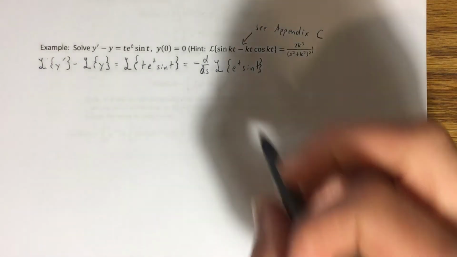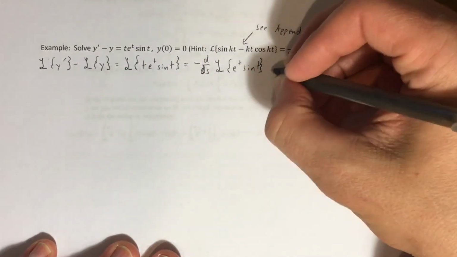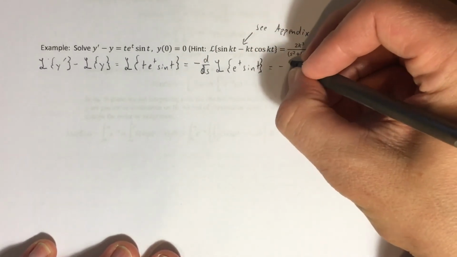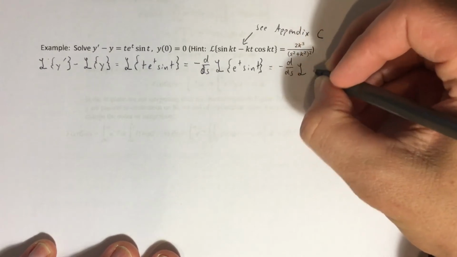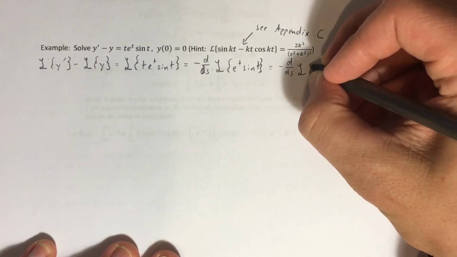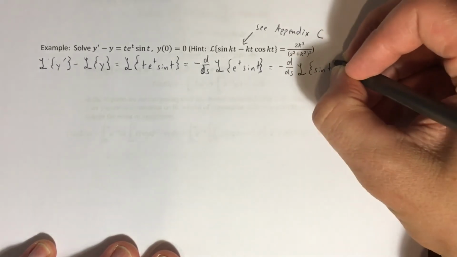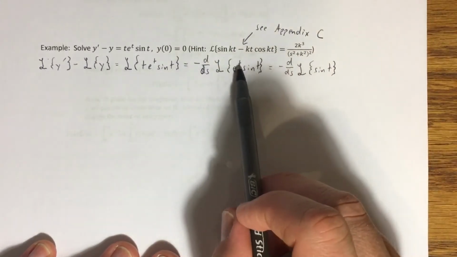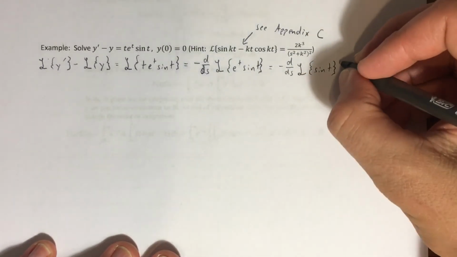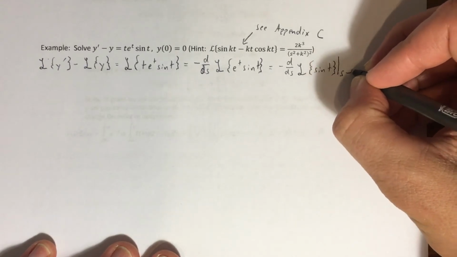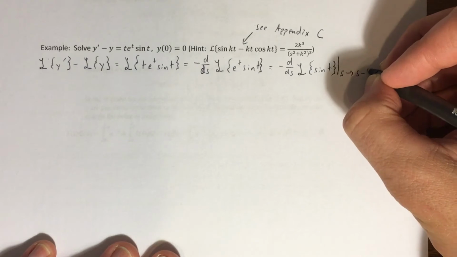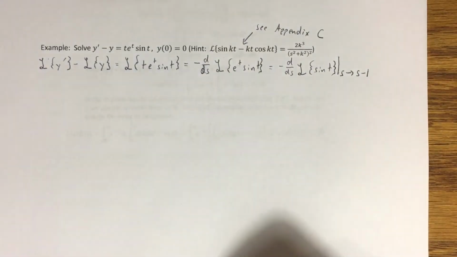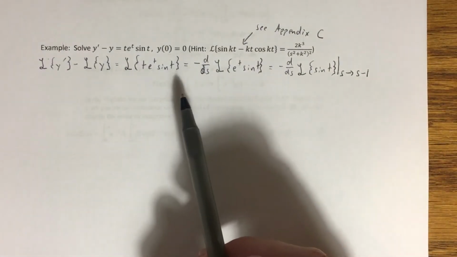This is the same thing: negative d ds of the Laplace transform of just sine of t, and the coefficient on that t is a 1, and so this takes s and substitutes in for s minus 1.